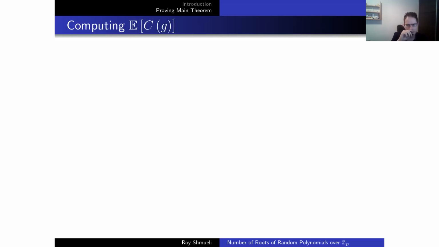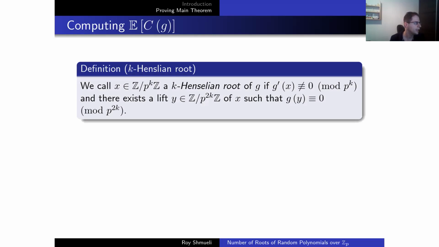For the other part of the proof, computing the expected number of those roots, knowing that they are distributed uniformly in the set, I created a new definition which I called K-Henselian root.